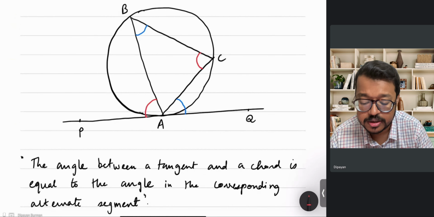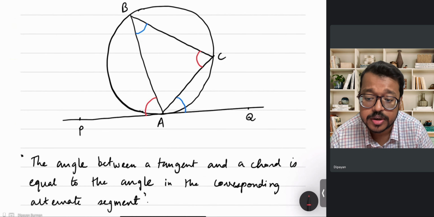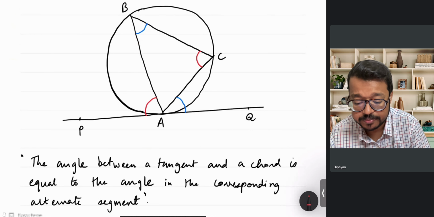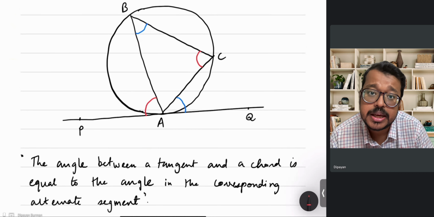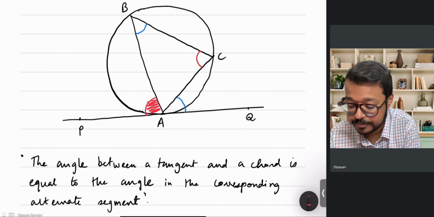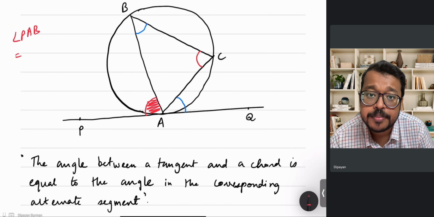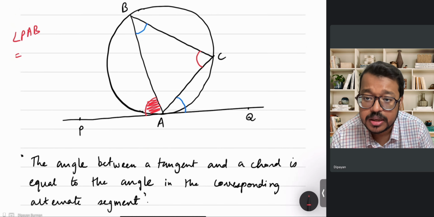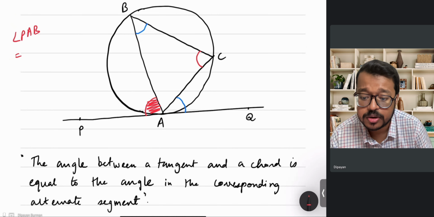Then the last theorem is about the angle between a tangent and a chord. For example, PA is a tangent and BA is a chord. So the angle between them is angle PAB. Now, if I look at angle PAB, this angle is being formed on the minor segment of AB.